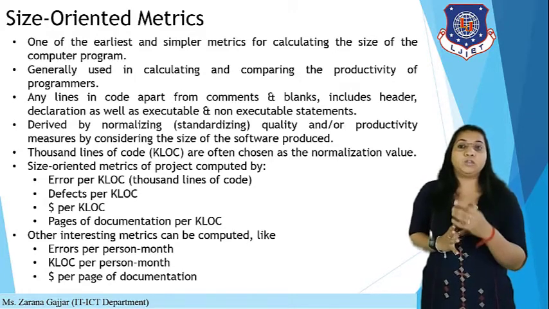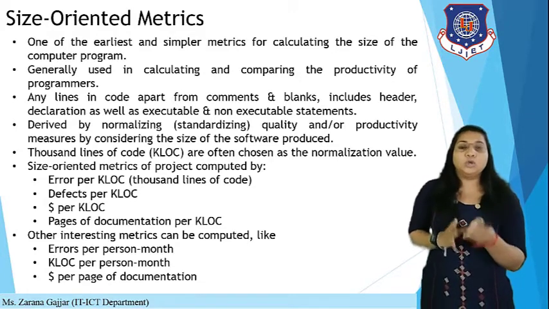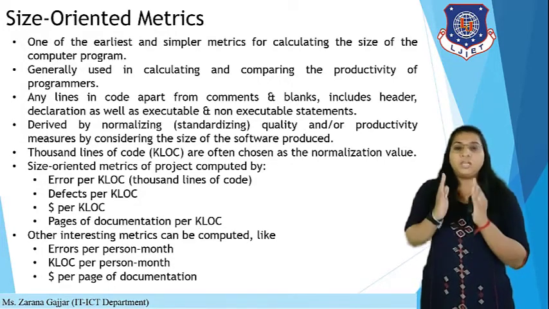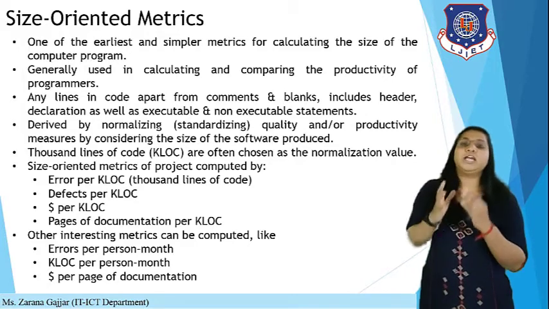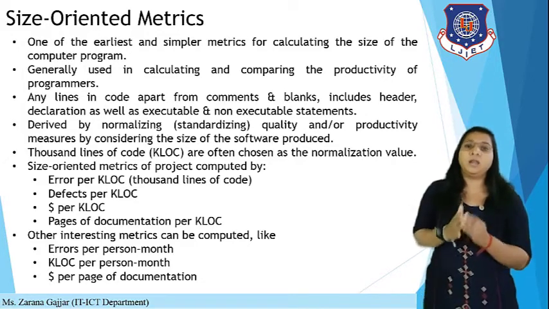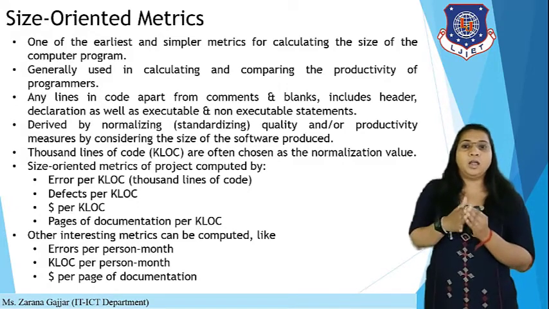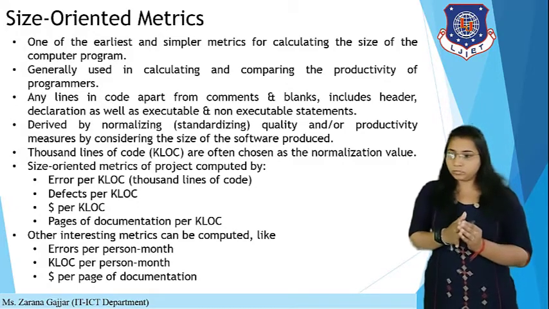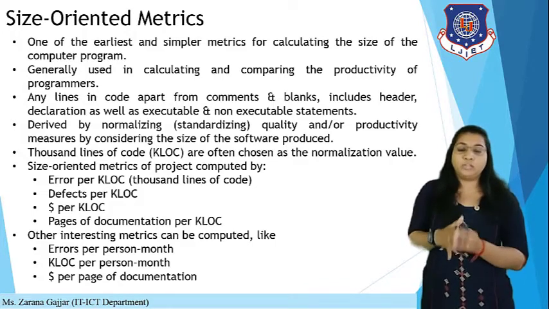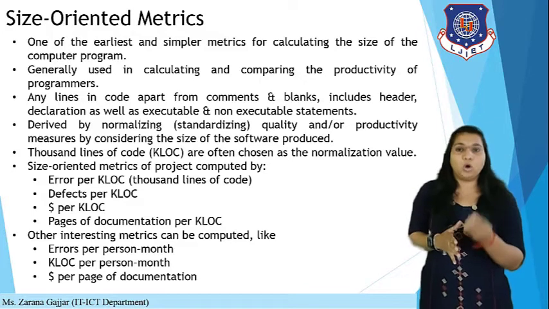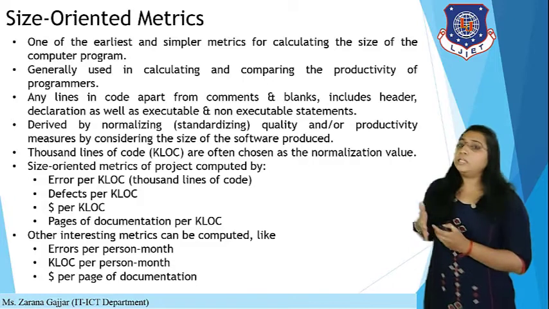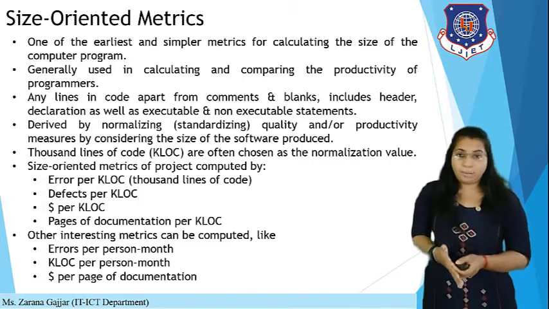Then KLOC per person-month: in one month, how many lines of code can one developer create? Then dollars per page of documentation, that means the cost of a document. The per page cost you can also compute using size oriented metrics. So this is about size oriented metrics.